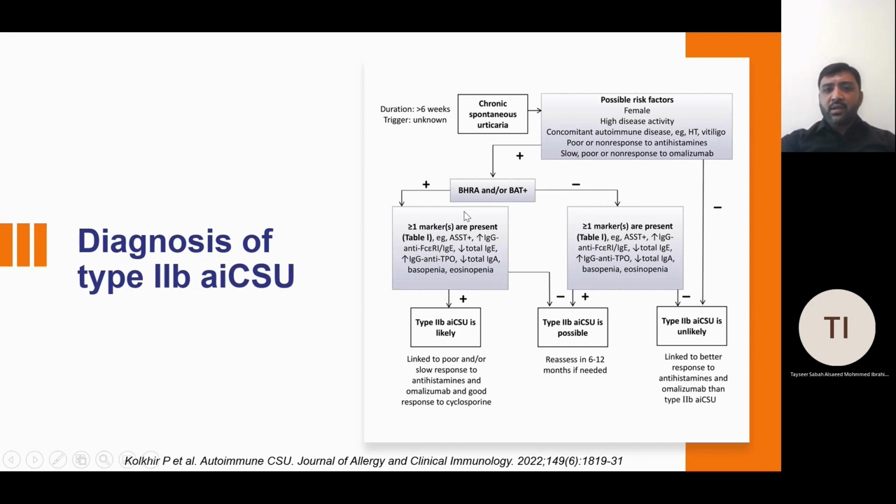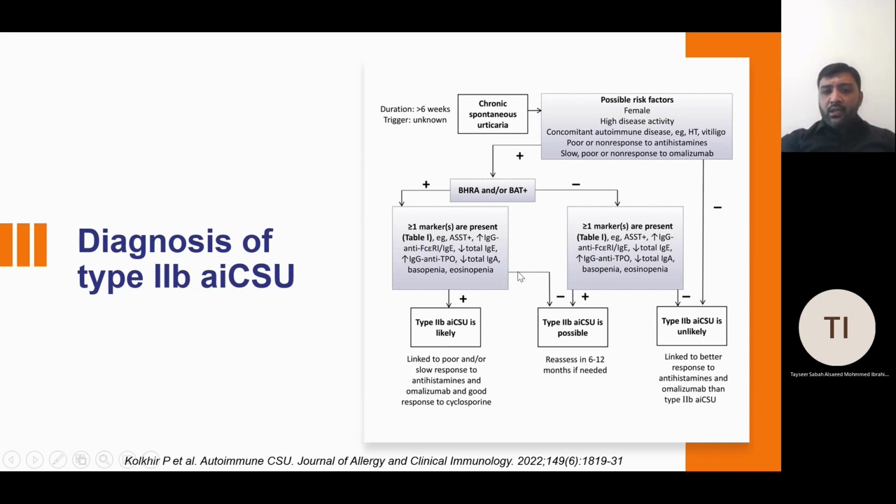If these risk factors are present, then consider doing a basophil activation test. If positive, look for the other markers which we had discussed for type 2 endotype of autoimmune chronic spontaneous urticaria. If one or more markers are present along with the positive basophil activation test, most likely we are dealing with type 2 autoimmune chronic spontaneous urticaria.